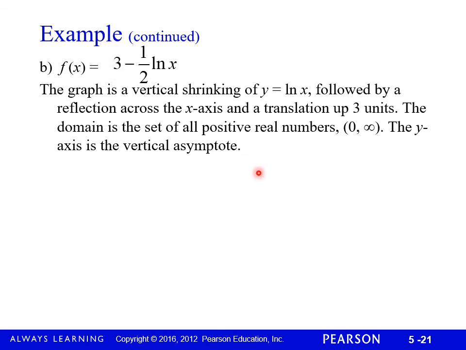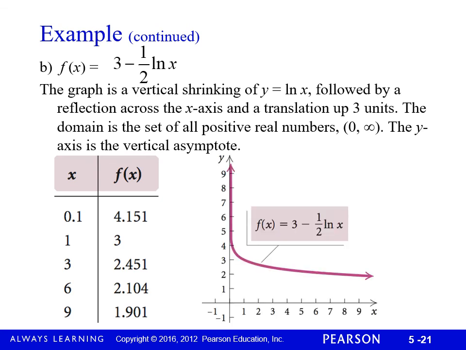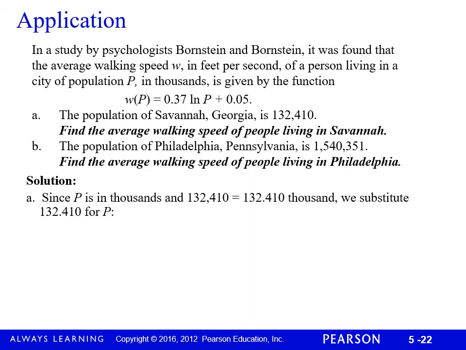The domain is the set of all positive real numbers, because notice we're taking the log of x, and we have to take the log of x from 0 to infinity. Or greater than 0, I should say, not at 0. You can't take the log of 0 either. So we do a table, we do a function, and we can see the vertical asymptote and how it's shifted. All right.